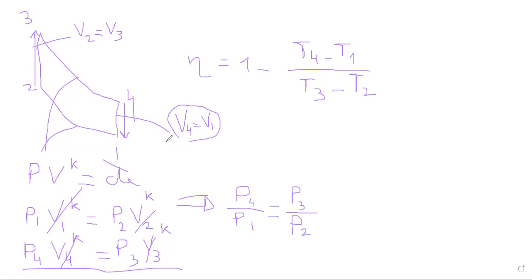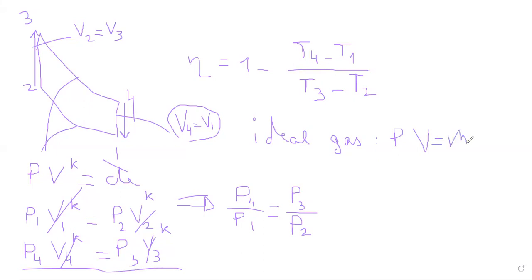And we will deal with air as an ideal gas. Okay, so assuming ideal gas behavior, we can consider that PV equals mRT.